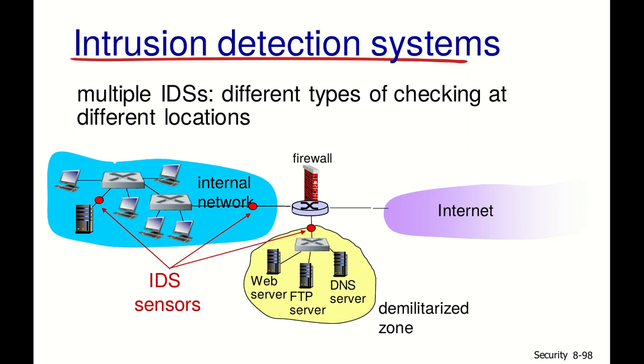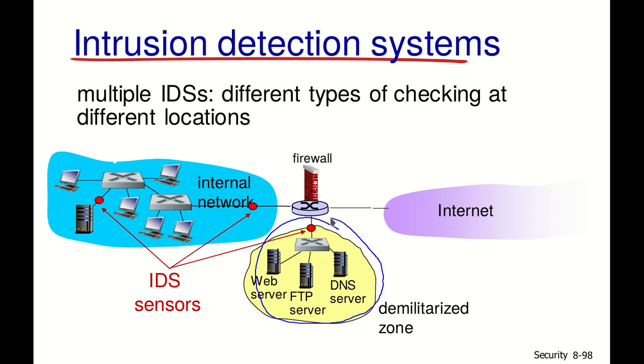With respect to the locations of the IDS, it can be located in different places in the networks. In principle there are two types of IDS. There is the network IDS, a node or sensor located on the network side, and there is also the host IDS, located at the host or server side. We can install IDS in different parts of the network. For example, we can have one in the DMZ, or demilitarized zone.